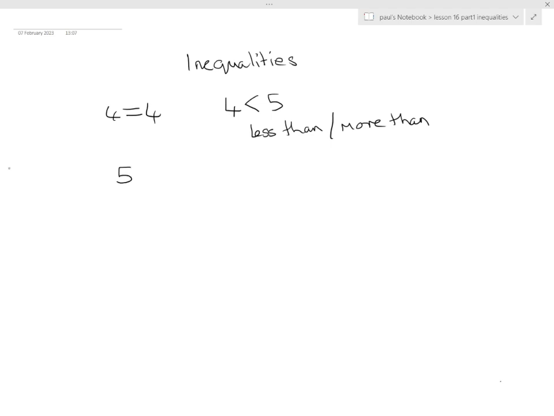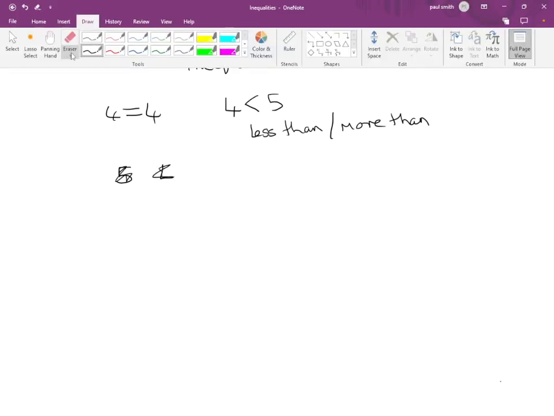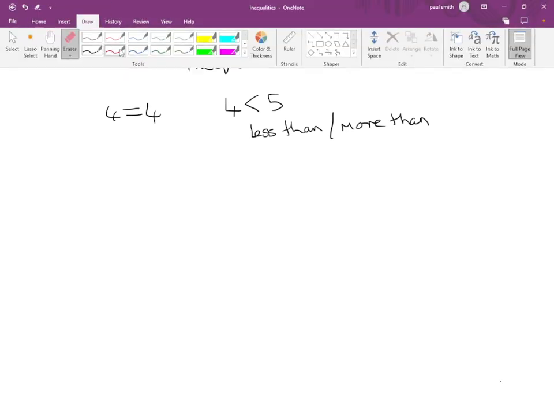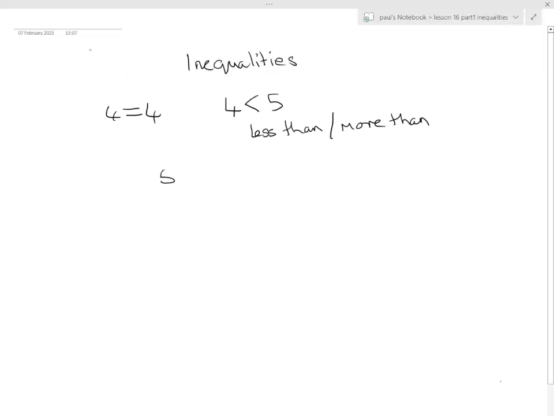I can't do it with the same numbers because the sign wouldn't be correct. So we can read it the other way around. So we can do 5 is more than 4, yeah, or 4 is less than 5. Same thing.